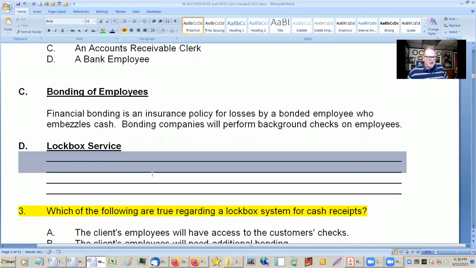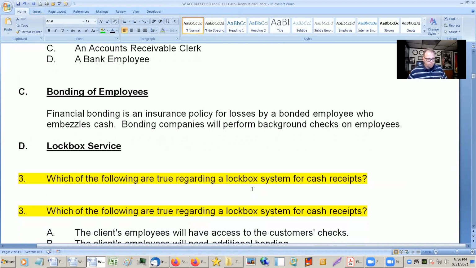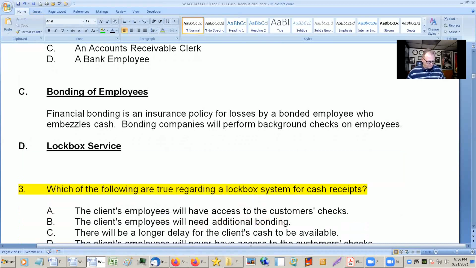Okay, lockbox service. Customer checks are sent directly to the client's bank.